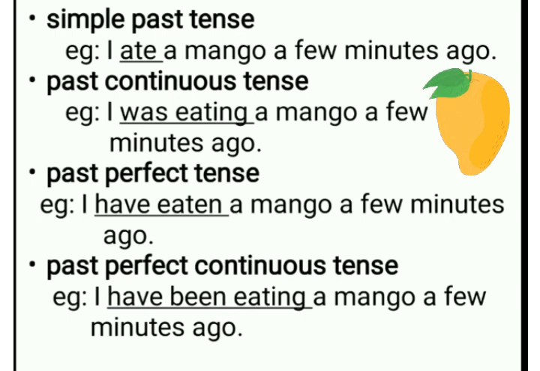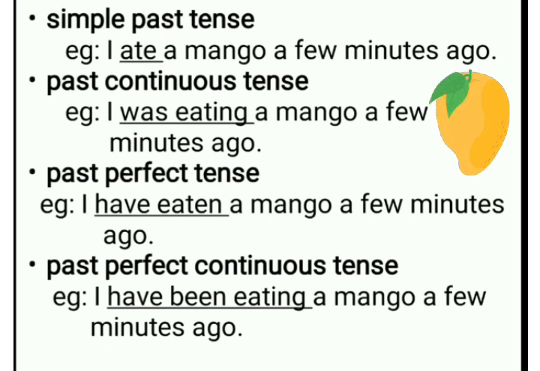The first form of the verb is eat, the second form is ate, and the third form is eaten. So in simple past tense, we use the second form of the verb. That is why we have used ate instead of eat. So the example is, I ate a mango a few minutes ago.